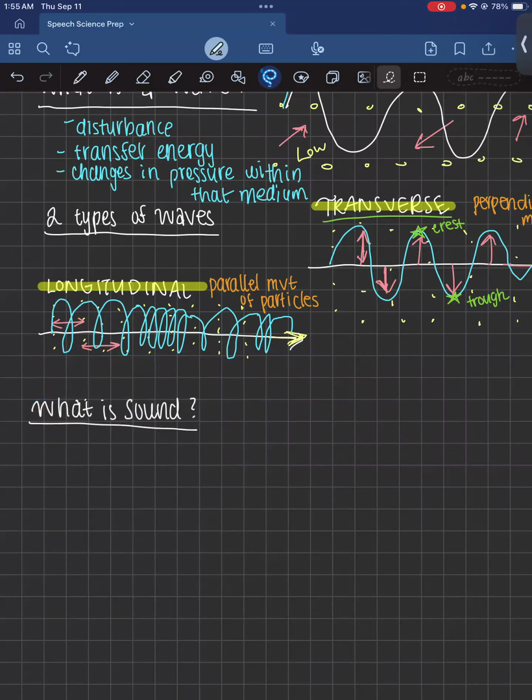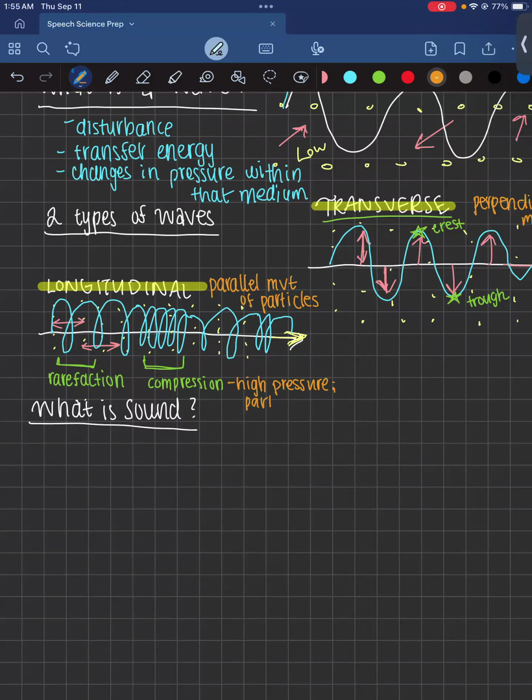So basically, we don't have crests and troughs for this, but we have these areas called compression, and then these areas where it's really spaced out are called rarefaction. These areas of compression are regions of high pressure. Because of the movement of that wave, the particles are going to be really close together.